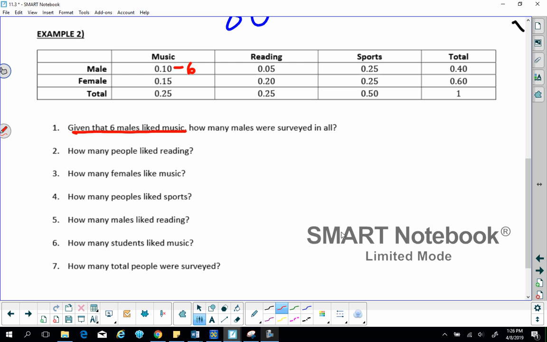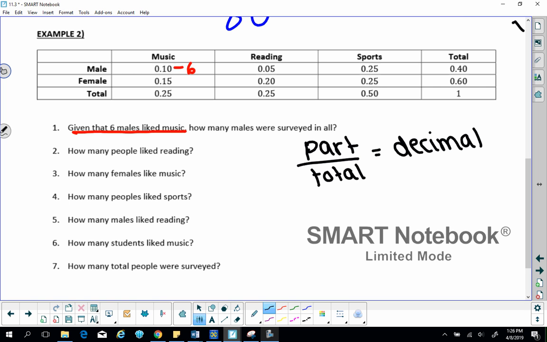6 over X is 0.6. When I write it, it's part out of whole, part out of total. And then I do 16 over X again, equals to, so I put 0.7 right here.